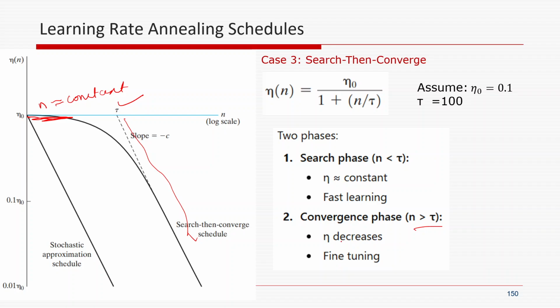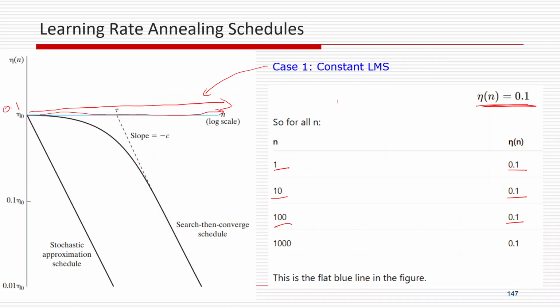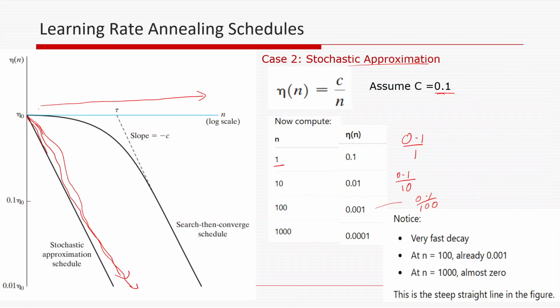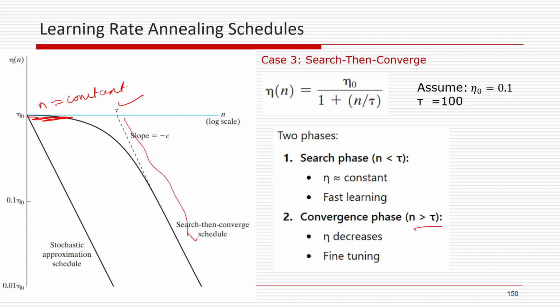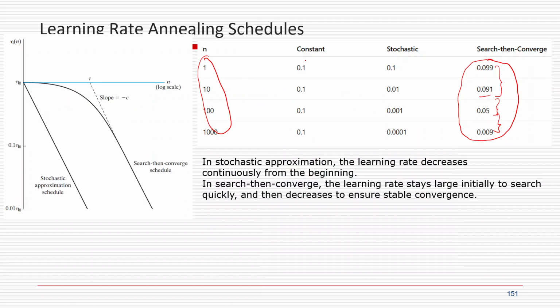That is, three cases for the learning rate annealing. One is the constant LMS, another is the stochastic approximation, and the other is the search then converge. You can observe all three here. If it is constant, there is no change in the learning rate, the blue line. If it is stochastic, the learning rate decreases continuously from the beginning.